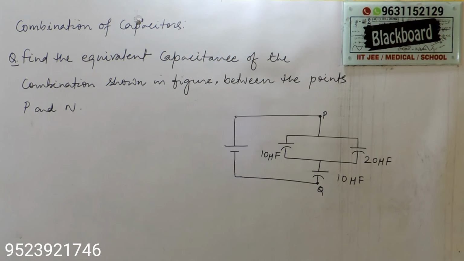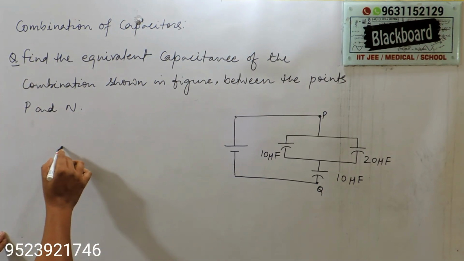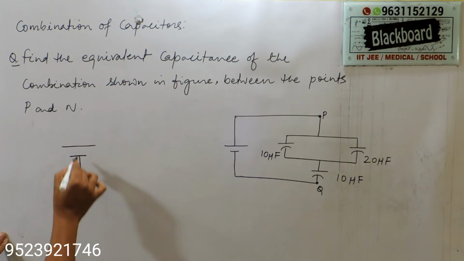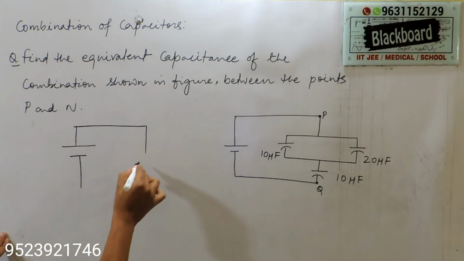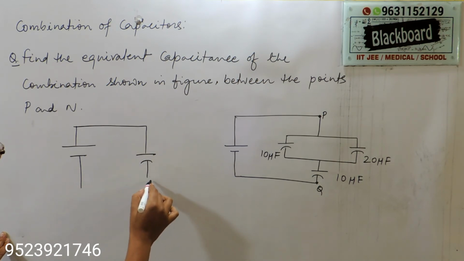Question is, find the equivalent capacitance of the combination shown in the figure between the points P and N. Here 10 microfarad and 20 microfarad capacitors are connected in parallel. So their equivalent capacitance will be 10 plus 20, that is 30 microfarad. This is 30 microfarad and this is again 10 microfarad.